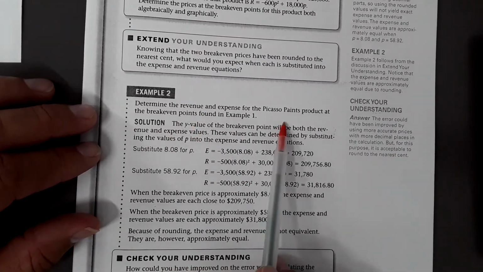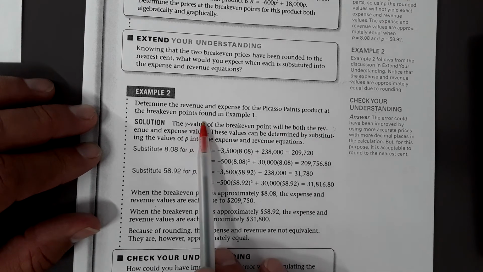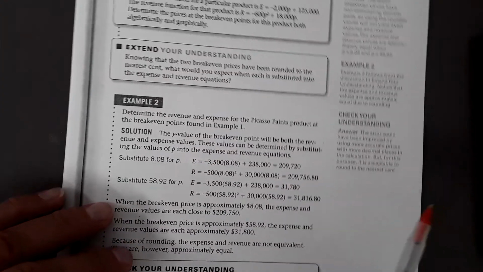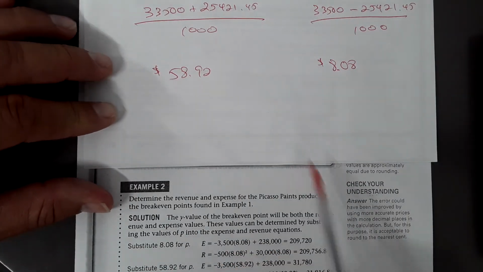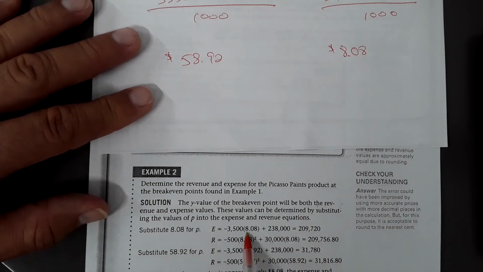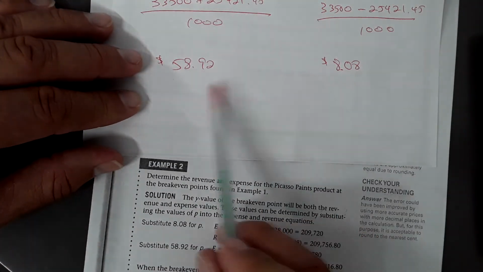Determine the revenue and expense for the Picasso paint products at the break-even points found in example 1, which was the $8.08 and the $58.92. So if you plugged in 8.08 for P, these are the break-even prices.